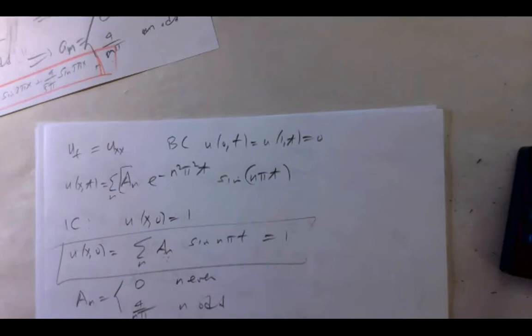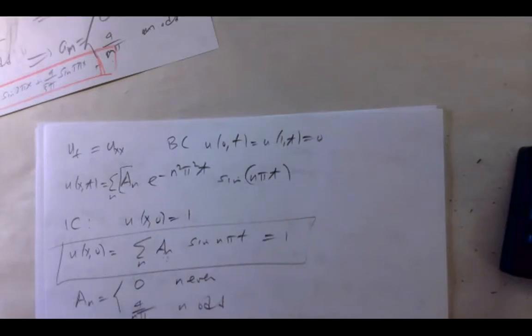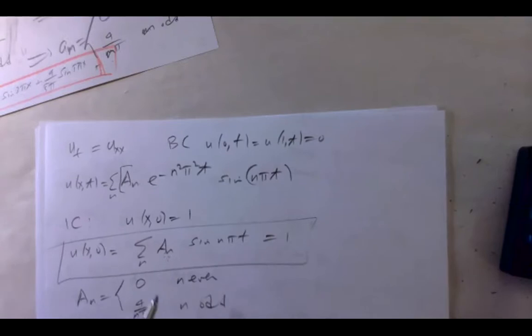So u of x, t is, let me just write down the first few terms. When n is 1, I get 4 over pi e to the minus pi squared t sine pi x.